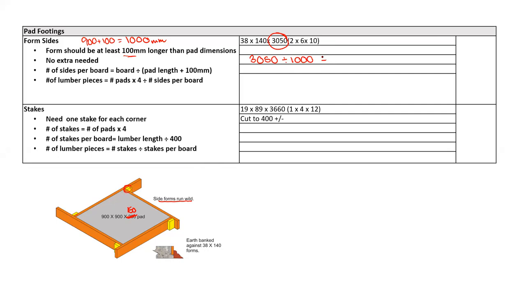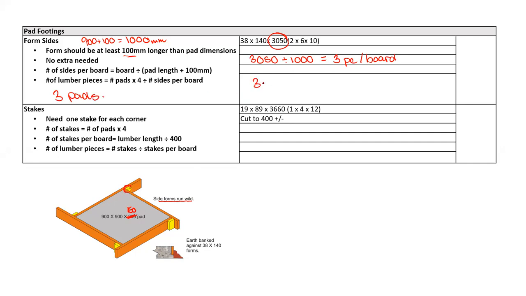Okay, so 3,050 divided by 1,000 gives me 3 pieces per board. So how many pieces do I need altogether? Well, I can cut 3 sides out of a board. If we look at our plan, and hopefully you printed off the notes for this, there were 3 pads.